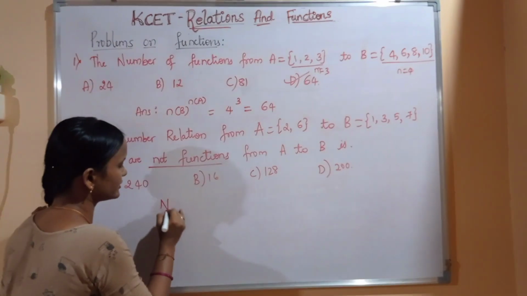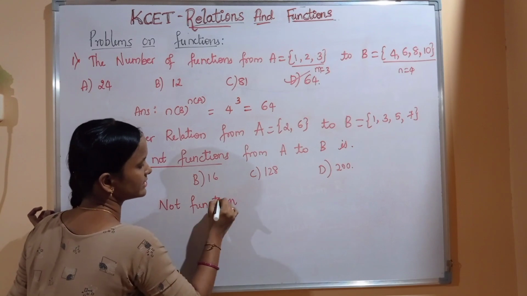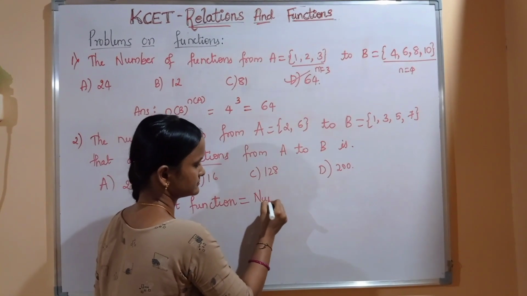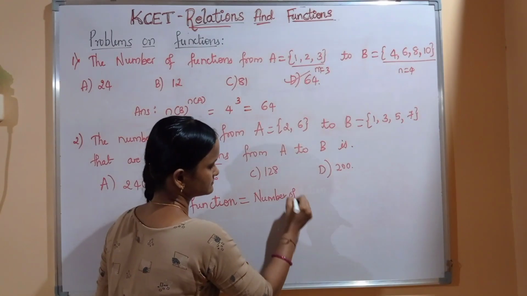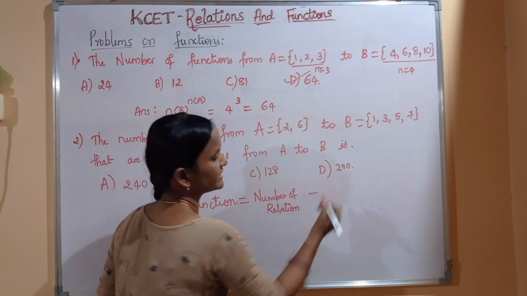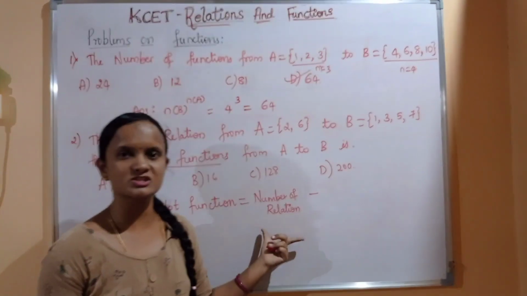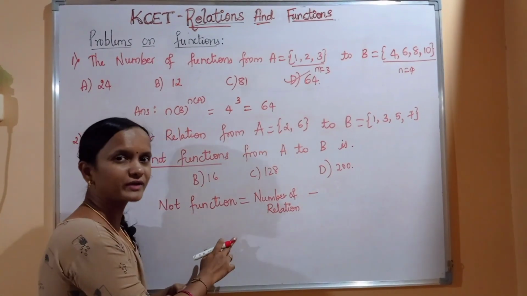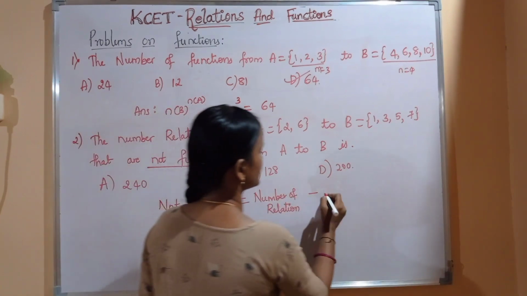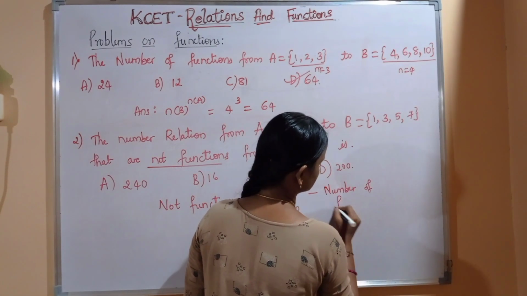In order to find this, you have to consider the total number of relations minus the number of functions. If we subtract the number of functions from the number of relations, we will get the number of non-functions.